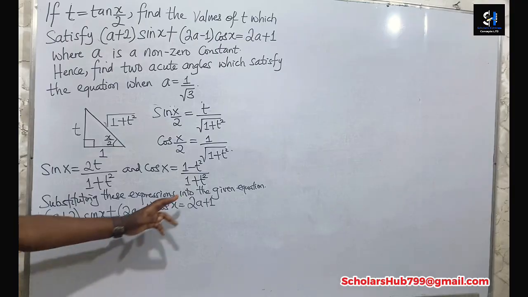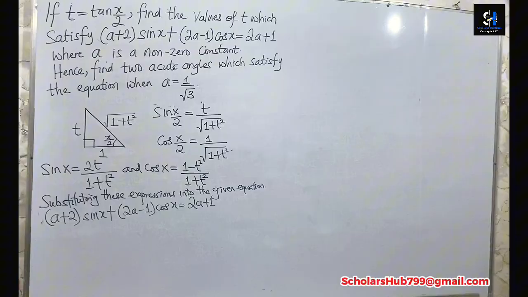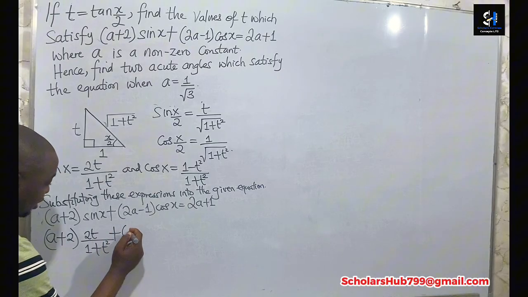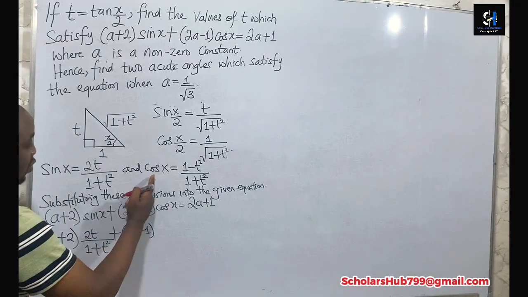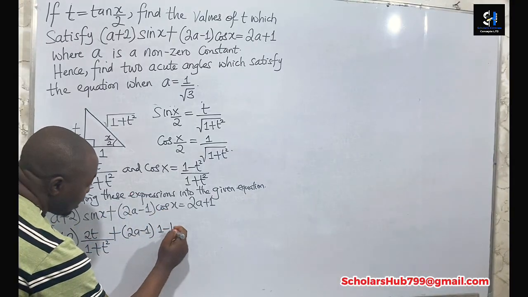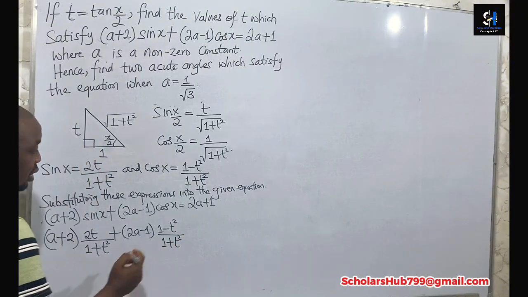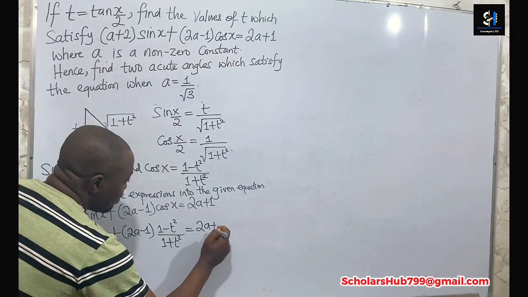Now we know that sin x is equal to 2t over 1 plus t squared. So this will be (a plus 2) multiplied by 2t divided by 1 plus t squared, plus (2a minus 1) multiplied by cos x, which is 1 minus t squared over 1 plus t squared, and this will be equal to 2a plus 1.